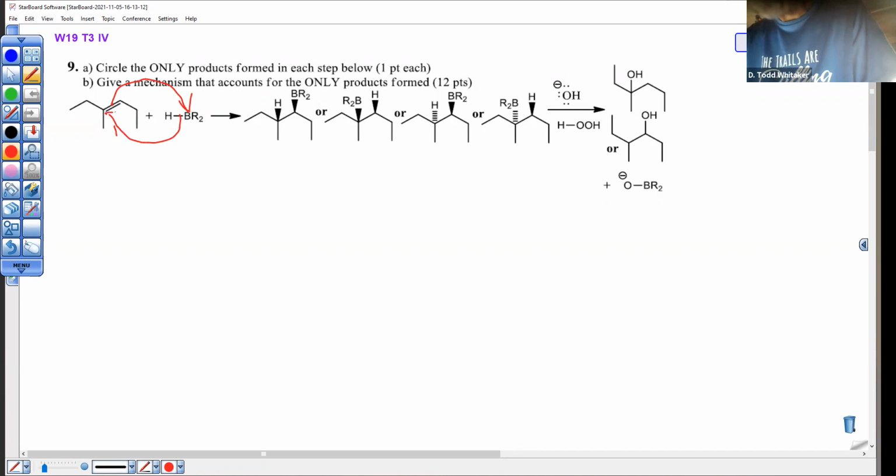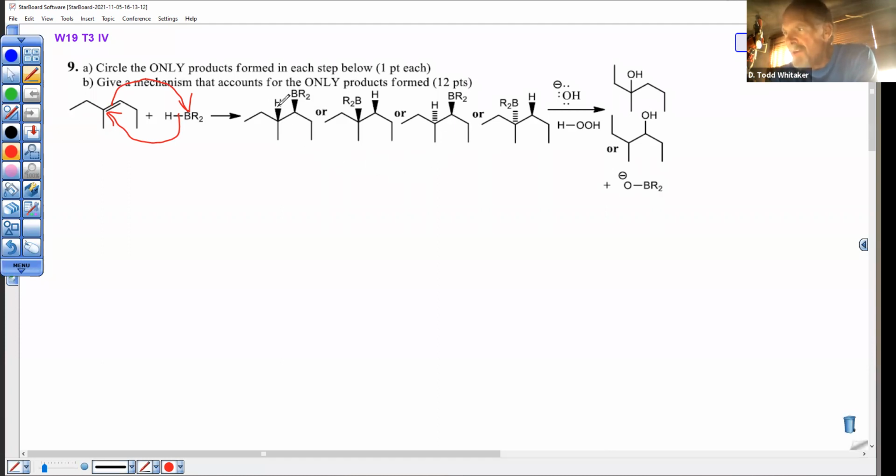That puts a bond between hydrogen and the more substituted carbon, and that arrow looks awful. And that gives us the result with hydrogen on the more substituted carbon. So it narrows it down to product 1 and product 3.